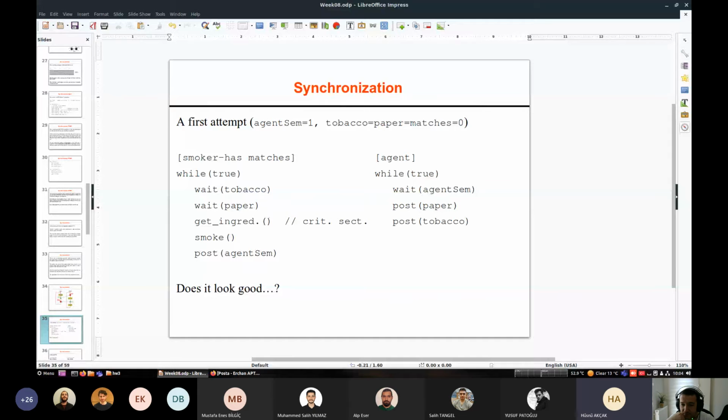The other process needs tobacco and paper and gets into this, but the tobacco has already been taken, so it couldn't get tobacco, so it will not be able to take paper either. Yes, Mr. Krishna. That's exactly what could go wrong.